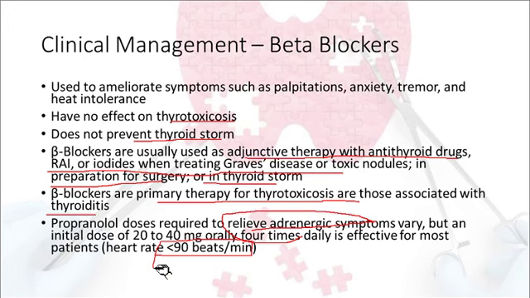Beta blockers are of course contraindicated in decompensated heart failure unless that is caused solely by tachycardia, so it's a high output decompensated heart failure. Other contraindications include sinus tachycardia, concomitant therapy with monoamine oxidase inhibitors or tricyclic antidepressants, and patients with spontaneous hypoglycemia.